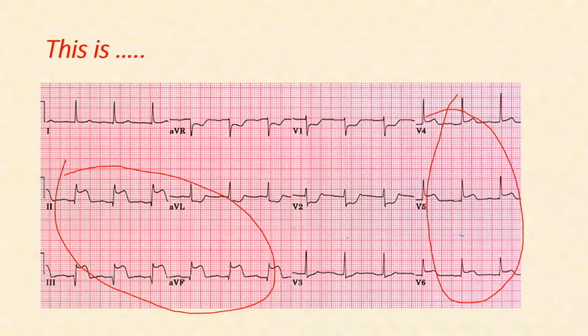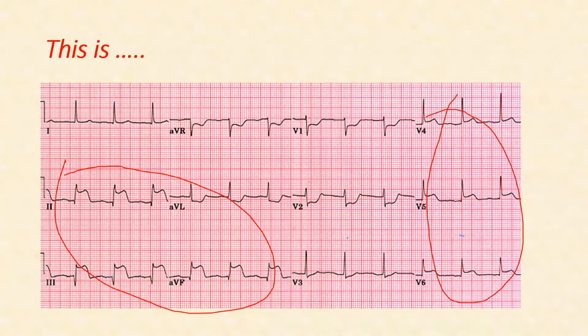What's the meaning of this? The culprit region is different here. The LCX. Can't it be RCA? If it is RCA, we should see a reciprocal change in lead 1.